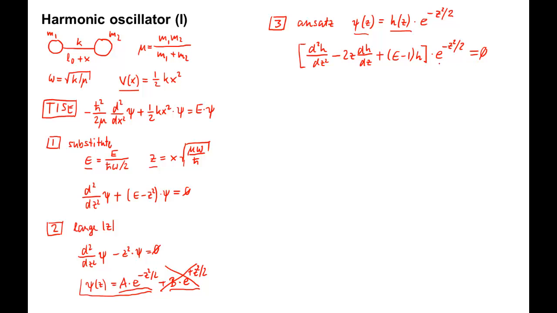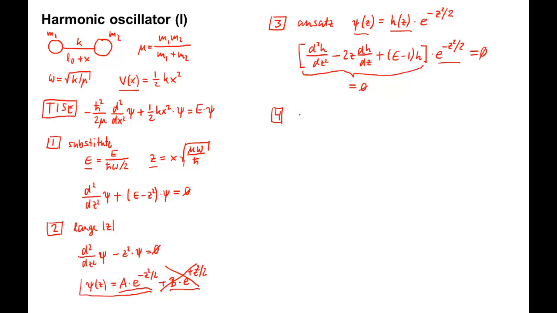Now, since the exponential term cannot be 0, the term in the square brackets has to be 0. So now we have a differential equation for h of z, the great unknown, and we have to deal with that.